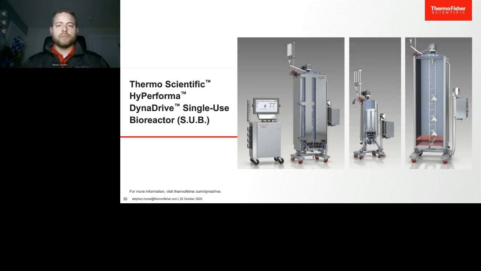So again, for perspective, if you take cells and spin them in a conical tube around 100 G, you're going to typically have somewhere on the order of maybe 380 to 500 million cells per milliliter. So in other words, we project that the oxygen transfer capabilities of the DynaDrive are sufficient to sustain cultures up to the literal physical limit of the volume of the cells. So these are a couple of examples that highlight the performance of the DynaDrive and how it can support even the most demanding cultures.